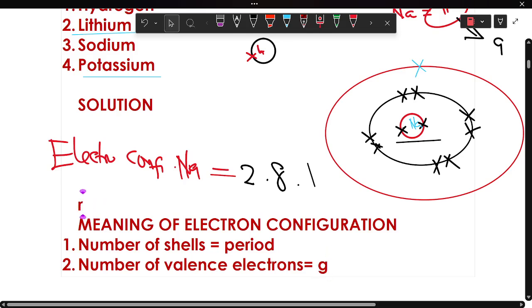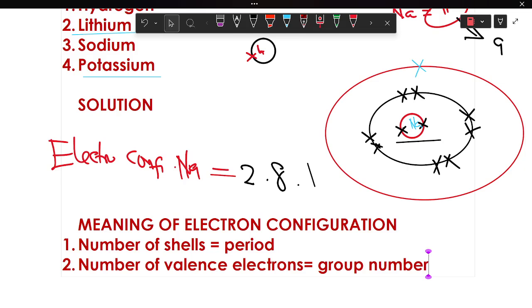Okay, so these are very important things that you have to know: number of shells equals period number, and number of valence electrons equals group number. Okay.